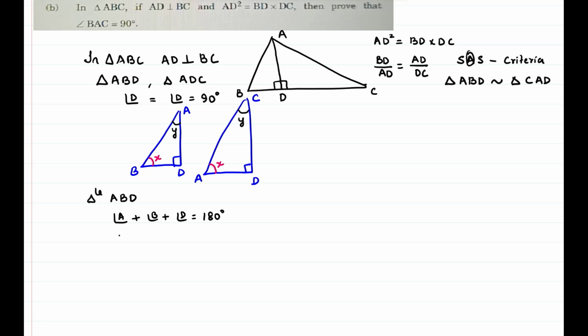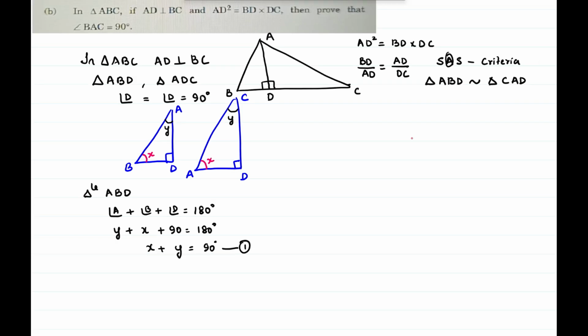A is Y, B is X, and D is 90 degrees, equal to 180 degrees. By this we can write X plus Y is equal to 90 degrees. We will name this as equation 1.